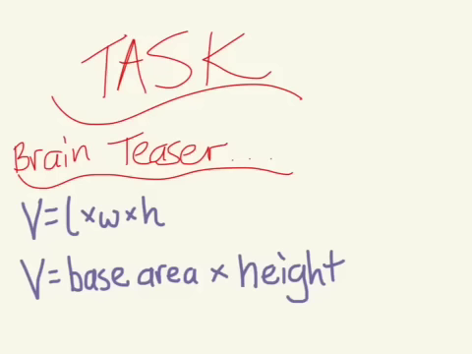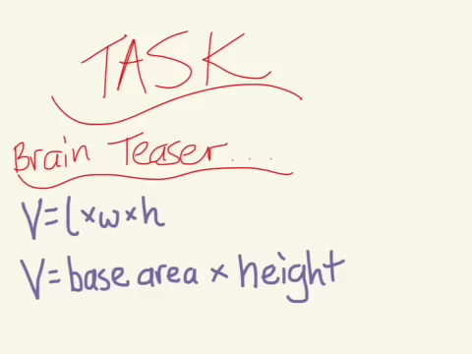How is, and this is just for you to think about, and you can jot down notes if you want to for your discussion group tomorrow, but think about it, ponder it, and you'll be discussing it. How is length times width times height the same as finding the base area times the height?